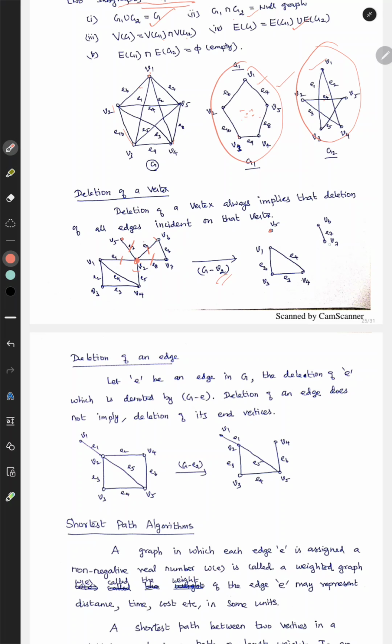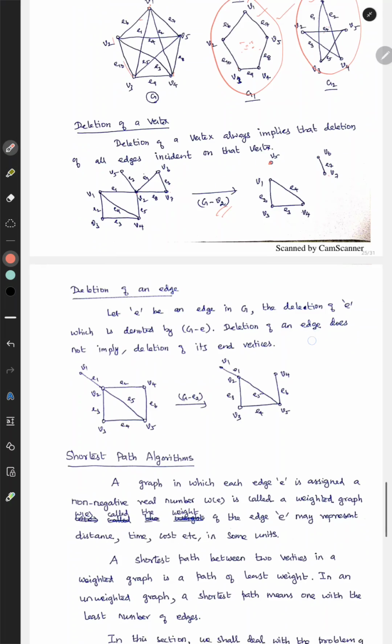Now v6 to v7 will be there, but the edges v6 to v2 and v7 to v2 are removed. v2 is also not there. Now the edges v1 to v2 and v4 to v2 are also removed. v1, v3, v1, so that cycle part will still be there.